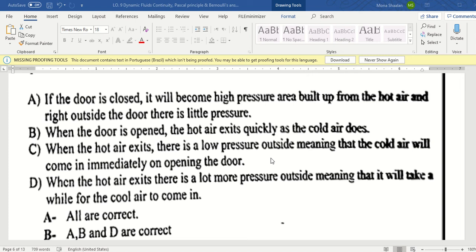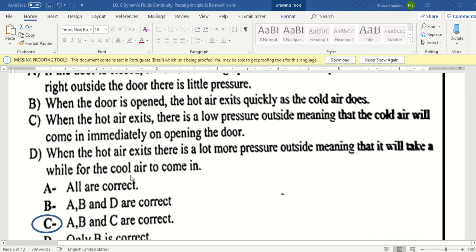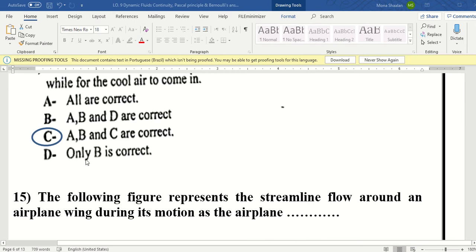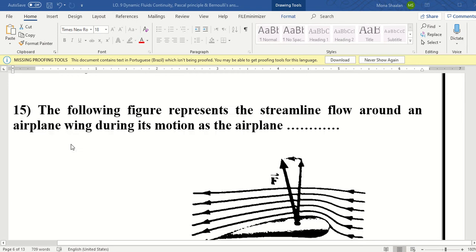The hot air exits and creates a low pressure outside, so the cold air will move in towards the room. So the correct sentences are A, B, and C.